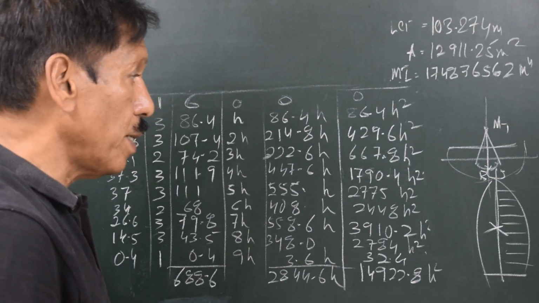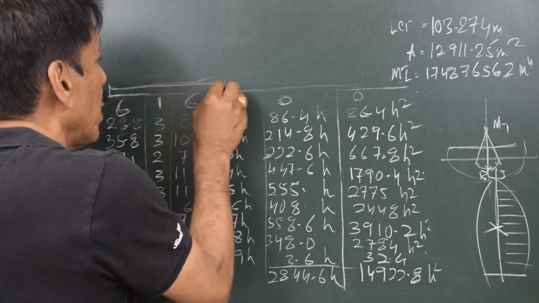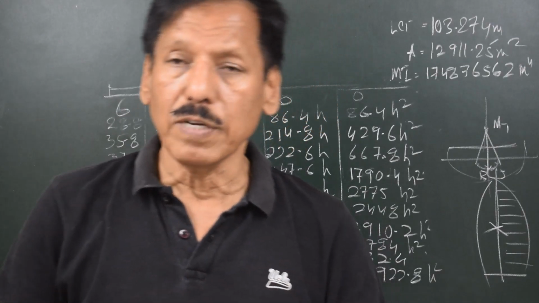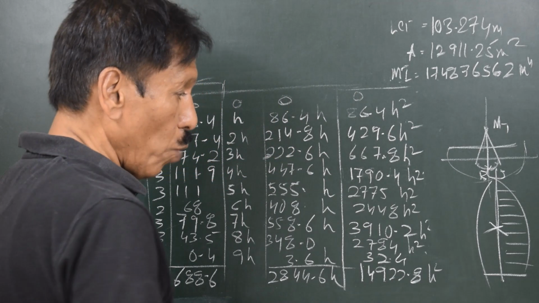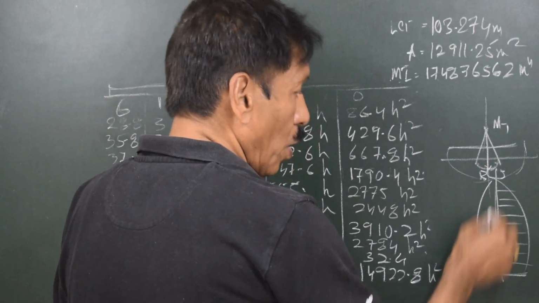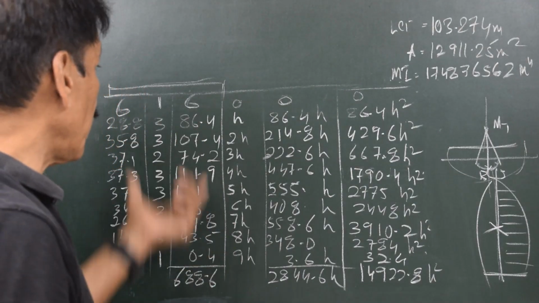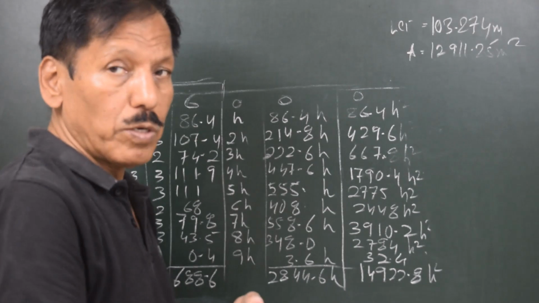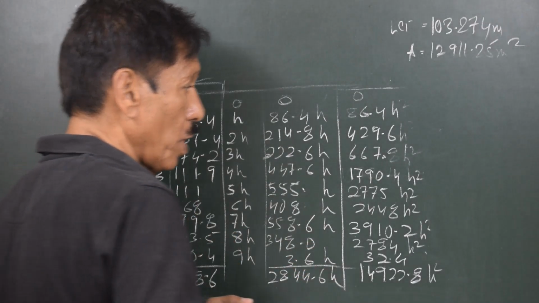Now the first 3 columns are common whether you're talking about the ordinates parallel to the reference axis or perpendicular to the reference axis. That means whether the axis is this way or this way, in both situations the first 3 columns are the same. The last column is for the moment of inertia, where the reference axis is perpendicular to the ordinates.